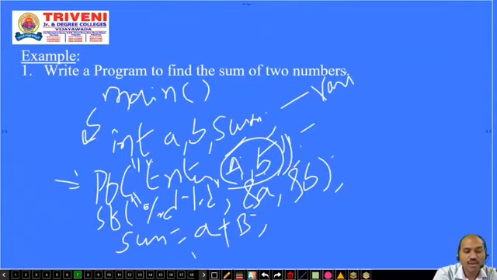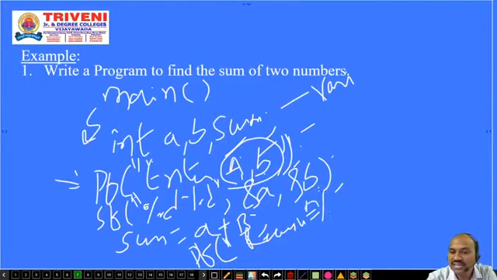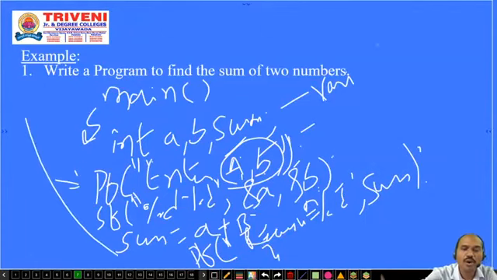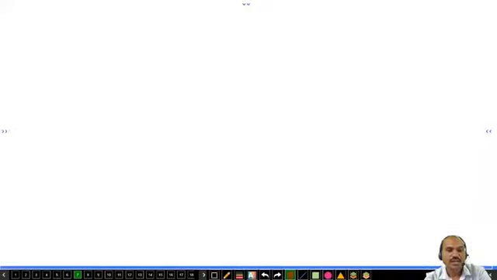Then we print the statement, result equals %d, comma, sum. So this is a simple program for finding the sum of two numbers. This is an example of the sum of two numbers.